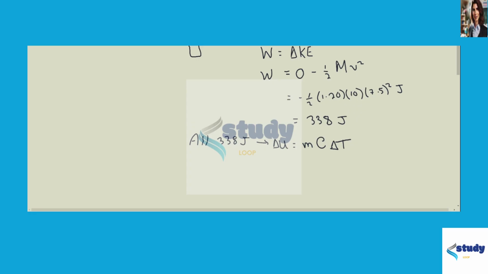And so, let's see. The mass is, okay, so we have 338 joules, and the mass is 0.014 kilograms. The specific heat of iron, you can look it up, and it is 450 joules per kilogram degrees centigrade.